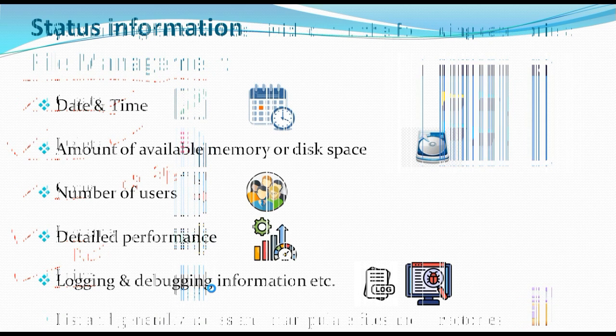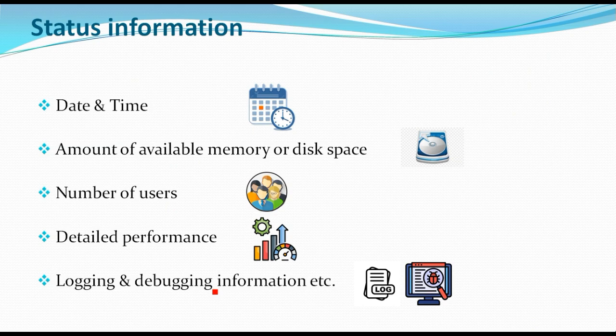The next is status information. Status information means obtaining the date and time. We can refer to this system service as status information. We get information like the date and time of the system, the amount of available memory or disk space of a particular disk drive.